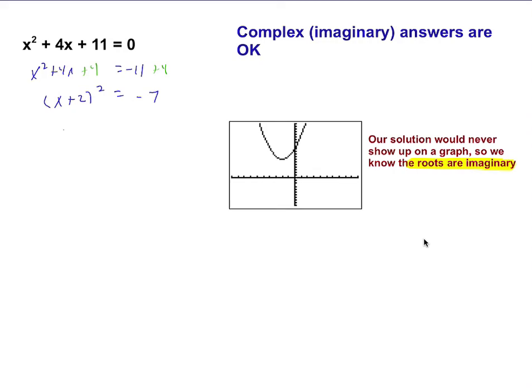And then we can take the square root of both sides, remembering the plus or minus. And then if we subtract 2 from both sides, negative 2 plus or minus, I'm going to pull out the i, and that's your answer.